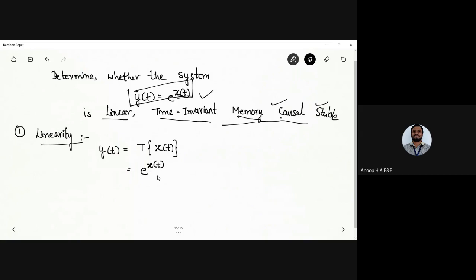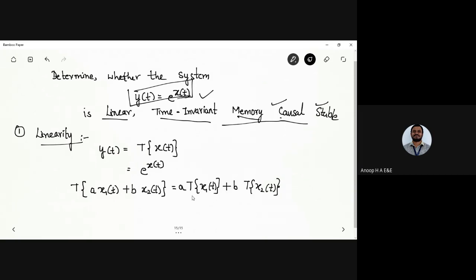Now for the input signal a x1 of t plus b x2 of t, I can have a times T of x1 of t plus b times T of x2 of t.